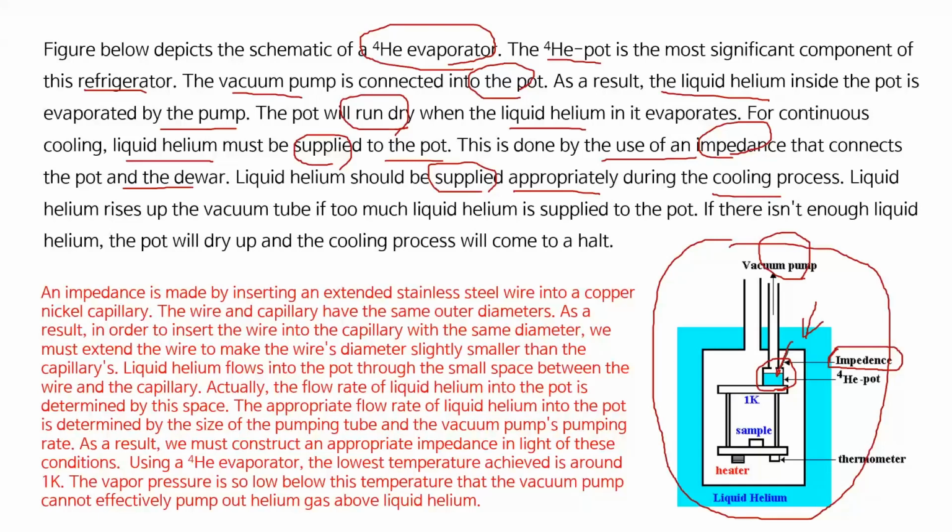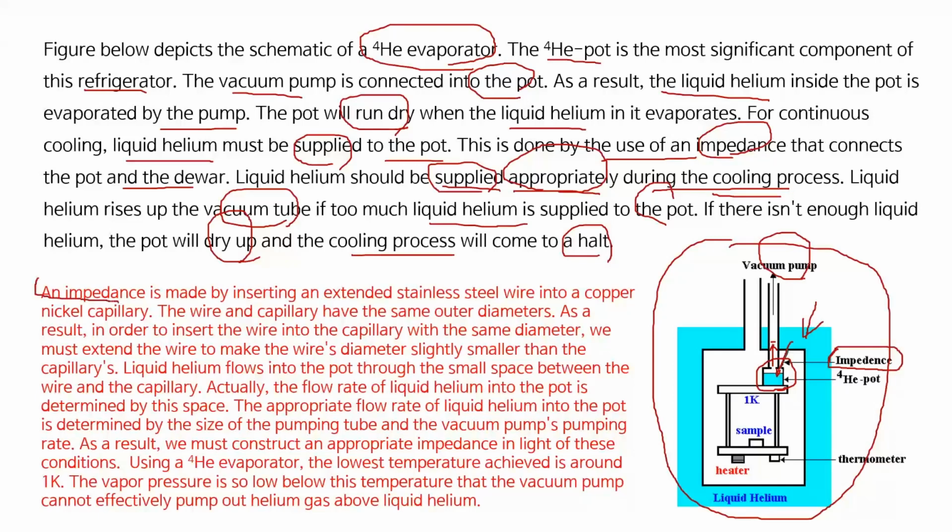Liquid helium rises up the vacuum tube if too much liquid helium is supplied to the pot. Then the level of liquid helium in the pot increases. If there isn't enough liquid helium, the pot will dry up and the cooling process will come to a halt. So liquid helium should be supplied appropriately to the pot.